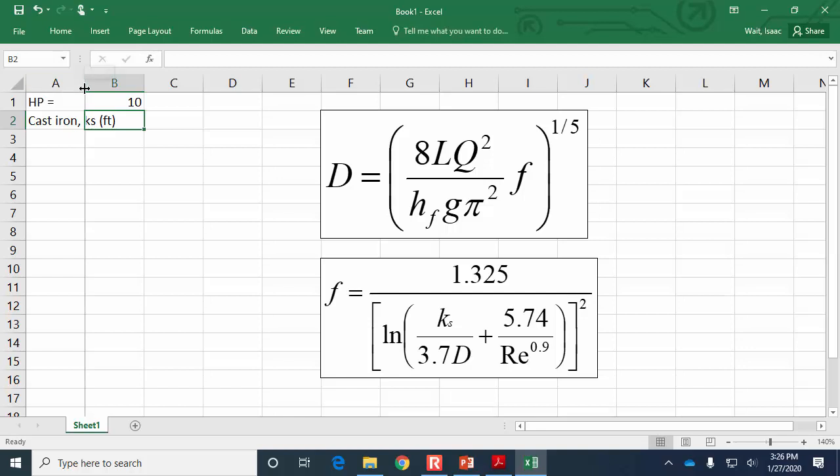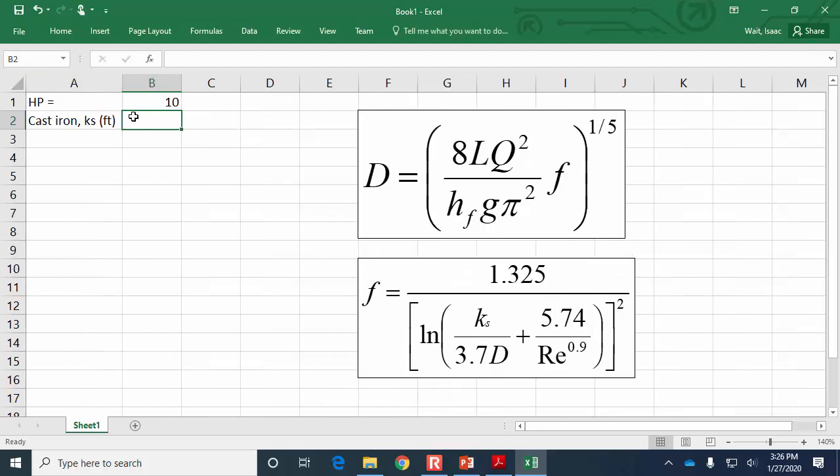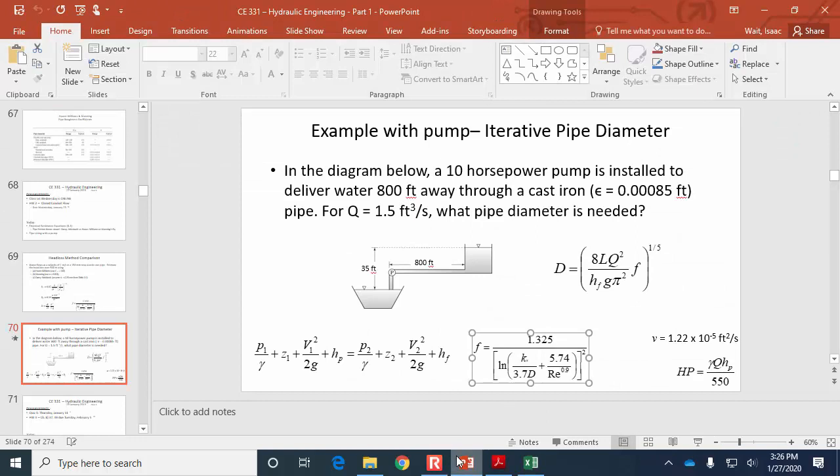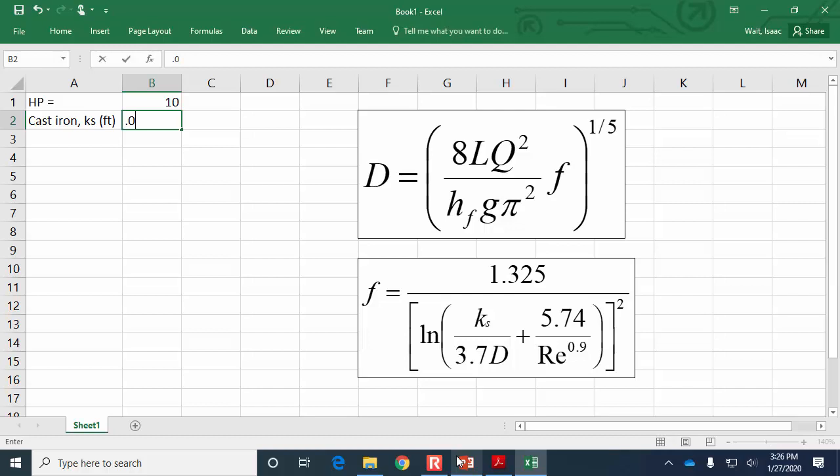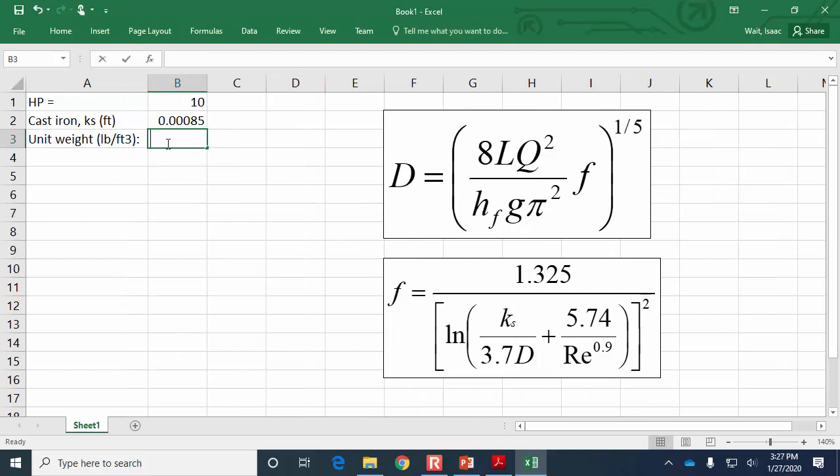I think in the problem statement we're told that it is, let's just double check here, 0.00085 feet. And then the unit weight in terms of pounds per cubic foot. Our typical unit weight for water in those units is 62.4 pounds per cubic foot.